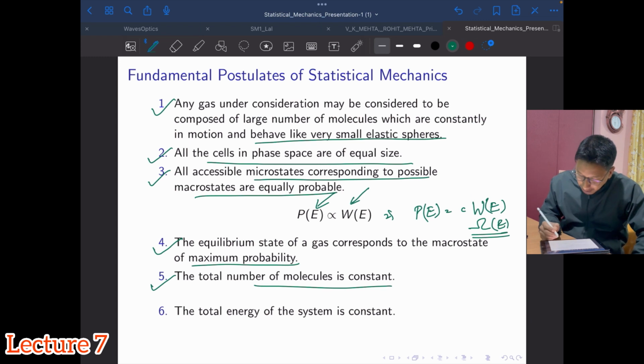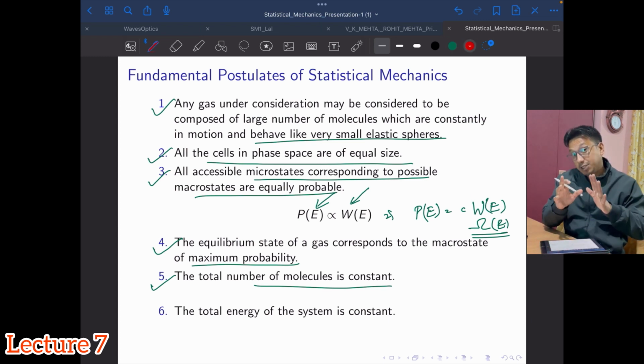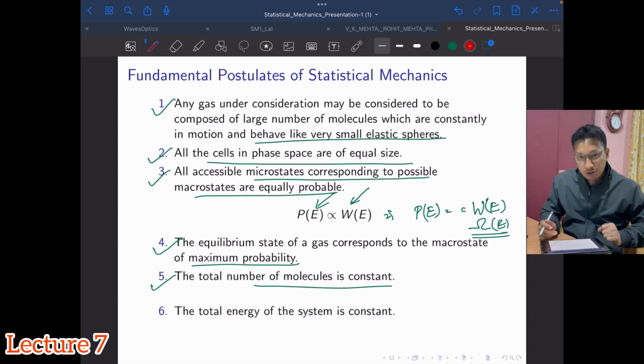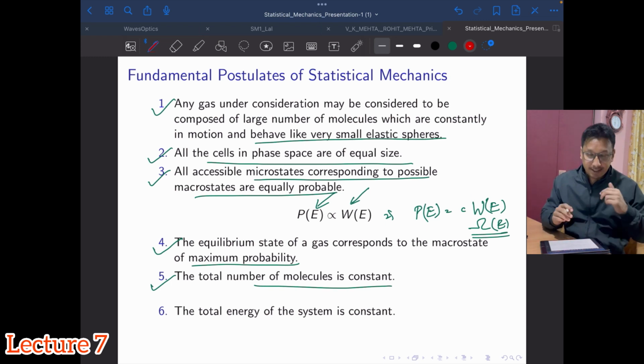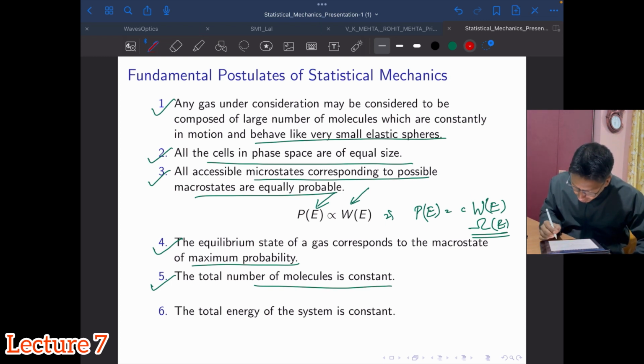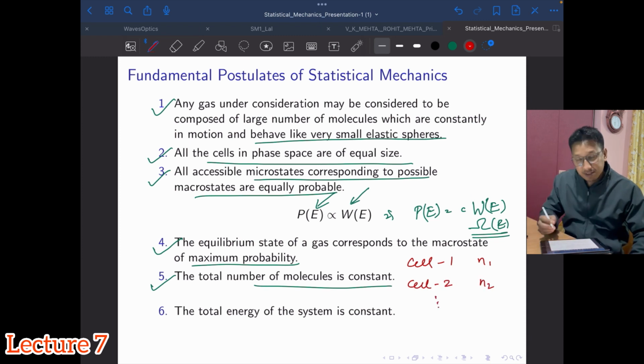Think about it this way: the phase space is divided into many cells, which, as we go along, you will see are representative of the energy states of a system. Let's say in cell number 1 there are n1 particles. Similarly in cell number 2 there are n2 particles, and we can have as many cells as we want.